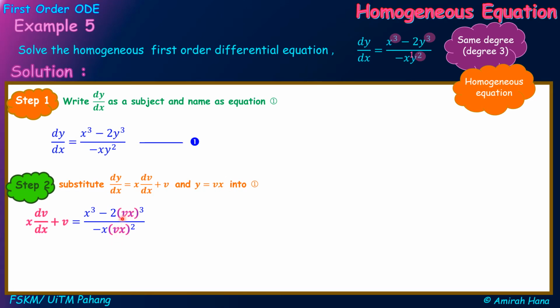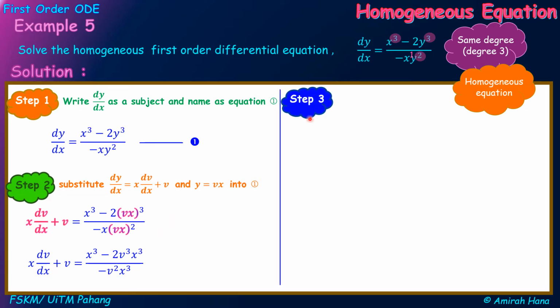After that, we simplify this term. So we have x dv over dx plus v equals x cubed minus 2v cubed x cubed over negative v squared, and then x times x squared equals x cubed. So we get this.